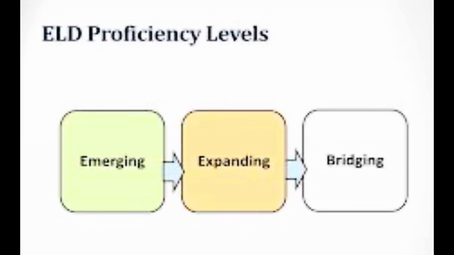So to better understand a little bit of what happens behind the scenes in our classrooms when your child attends a designated ELD class, the student is placed in those classes by their language fluency. These are the 3 ELD proficiency levels: emerging, expanding, and bridging. In a designated ELD class, the student is learning how the English language functions.